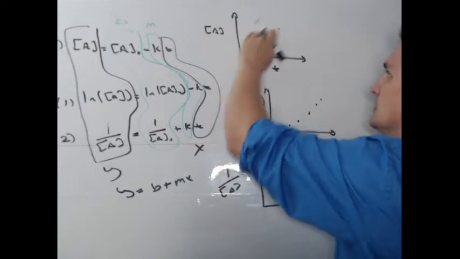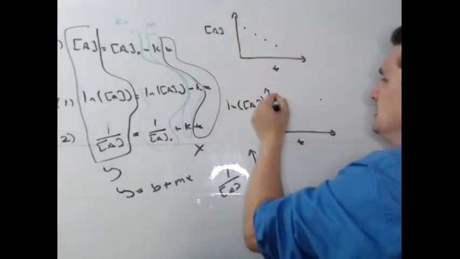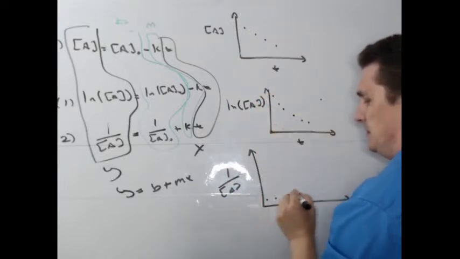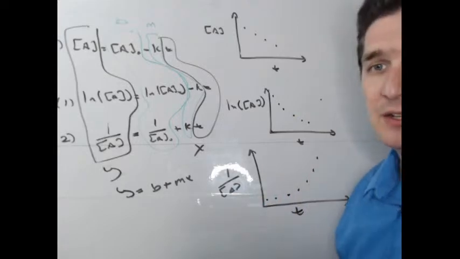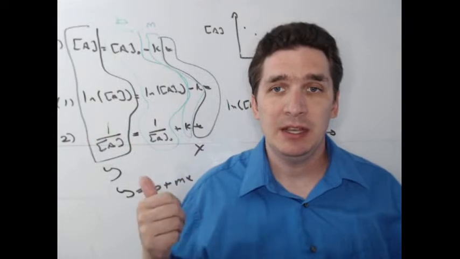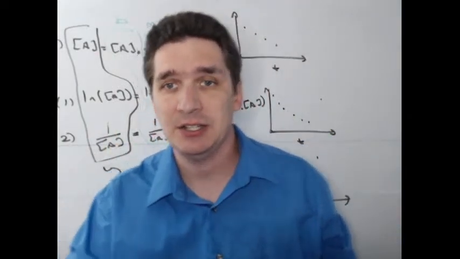Oh, sorry, I drew that wrong. That's the way it would look for a zero order reaction. For natural log of A versus time and then 1 over A versus time, we would end up not getting straight lines. So if we do these three plots and the concentration versus time is the only linear plot, that's a zero order reaction.